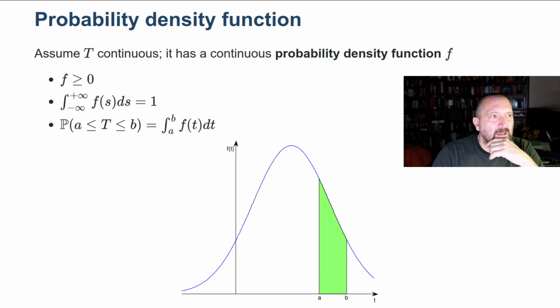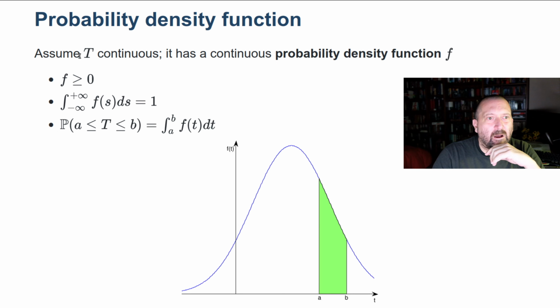Now, if I have a continuous random variable, one way that I can characterize it is using what's called a probability density function. This is essentially the model that I have. That probability density function is a non-negative function.